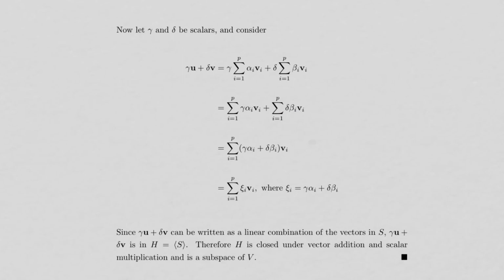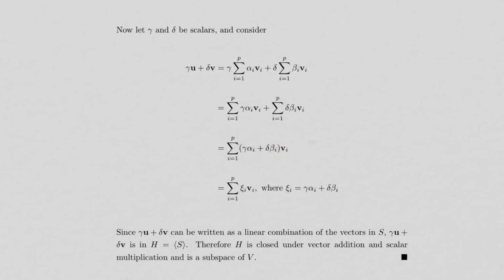Then I add all these terms up and factor out the common factor of v sub i, and I skipped a couple steps there. I would get to this, and then this is just a bunch of scalars. So this would be gamma alpha 1 plus delta beta 1, and then i increments to 2, and I'd get gamma alpha 2 plus delta beta 2, and it would keep going up to p.